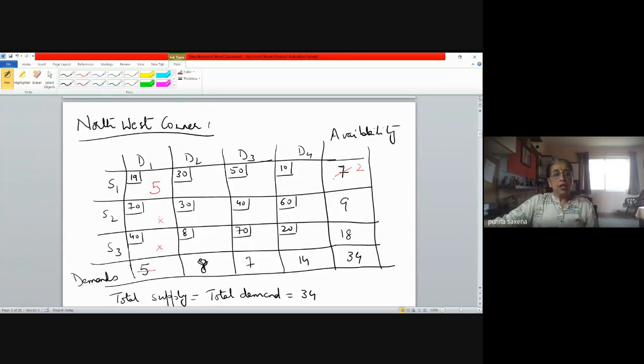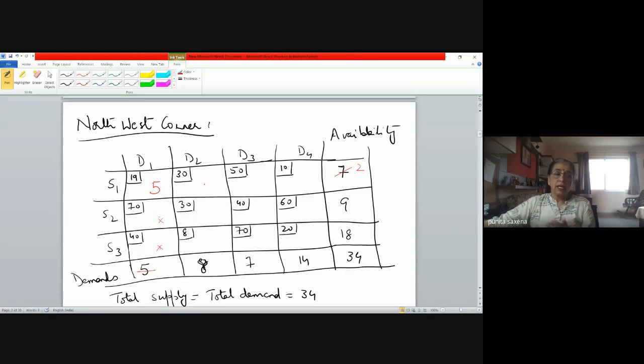Right. So once this cell has been filled with as much as possible, we move on. Now, to move on, which rule are we going to follow? In this case, the demand has been met, but the source still has availability. So we move to the right, that means we move to the cell 1, 2. The situation could have been the other way around also.